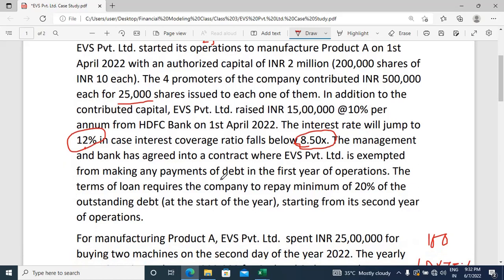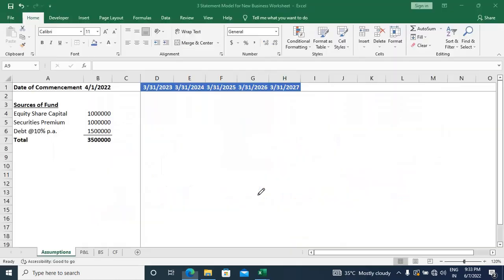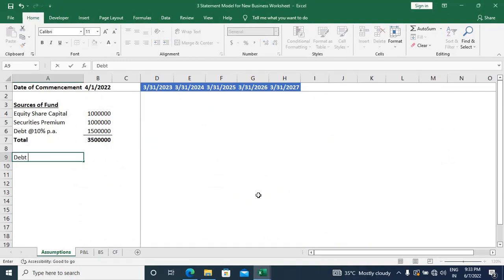So here we were talking about so much about debt repayment, right? That means when we have to pay off the debt. So this information was given here regarding debt repayment, that is how soon, when we have to pay off the debt. So just a simple line I will add here.